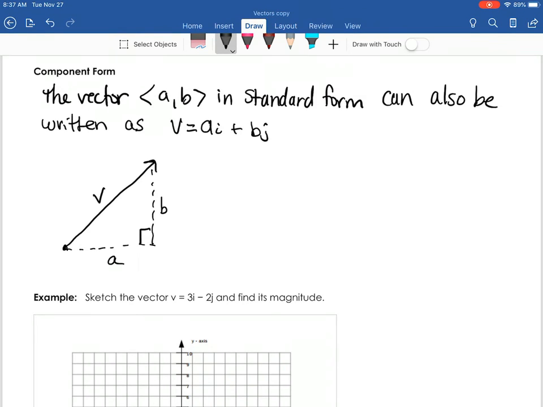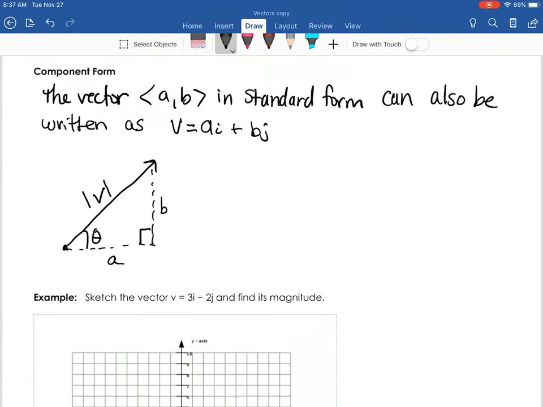Okay, so if I know what my angle is and I want to figure out what my horizontal component is, I would use adjacent. I'll label this as the length of vector v, right? This side here is the length of vector v.